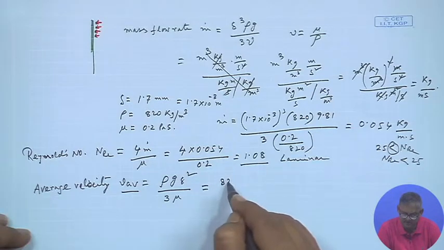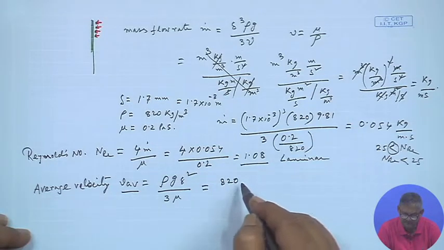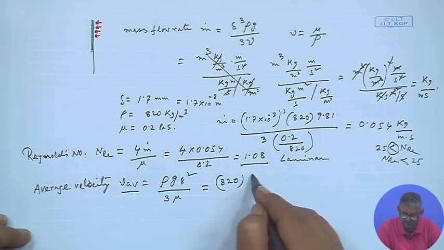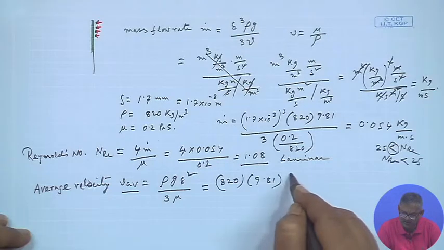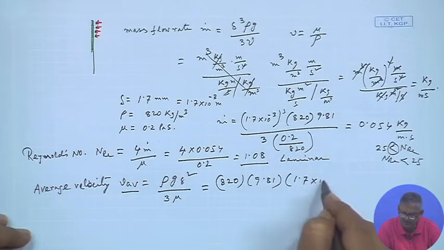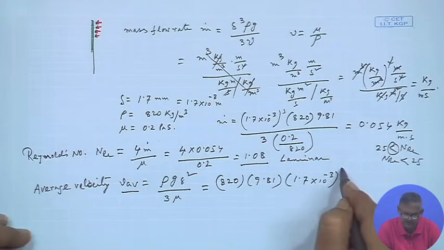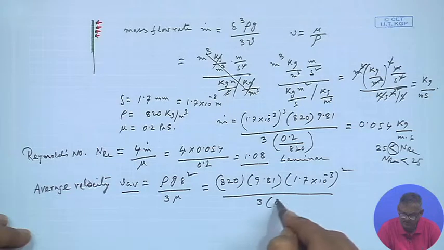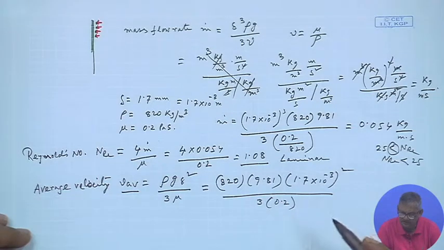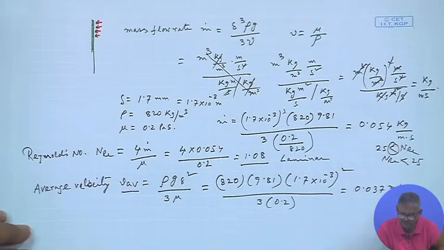So it was 820 into g, which is 9.81, and del is 1.7 times 10 to the power minus 3 meter, whole square, divided by 3 into 0.2 Pascal second. On simplification this gives 0.037 meter per second, right.